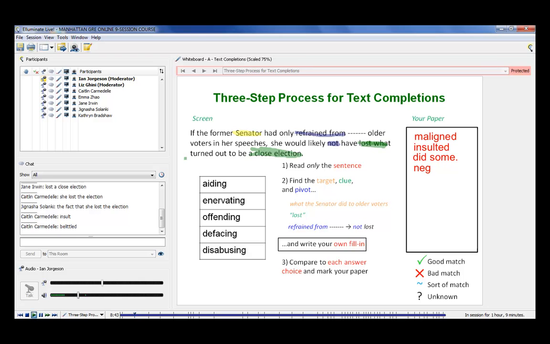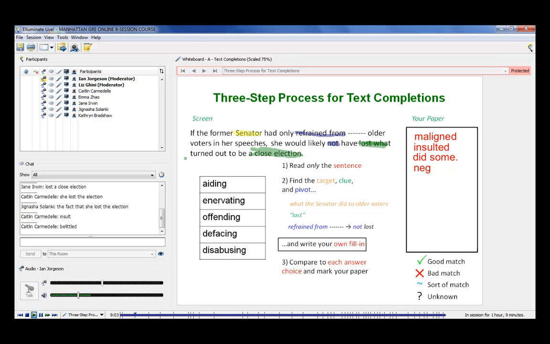All right, and now we're going to look at each of the answer choices, and we'll put a check if we think it's a good match, an X if we think it's a bad match, this sort of tilde if it's a sort of match, and then most important, I think, is being open to putting down a question mark when we don't know the meaning of the word. And if we don't know the meaning of the word, then we have to keep it.